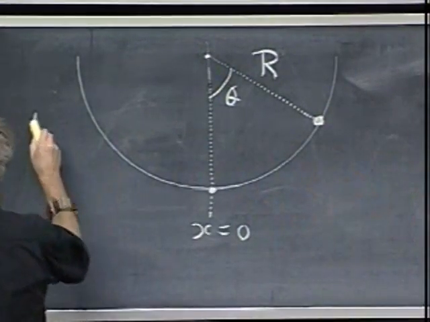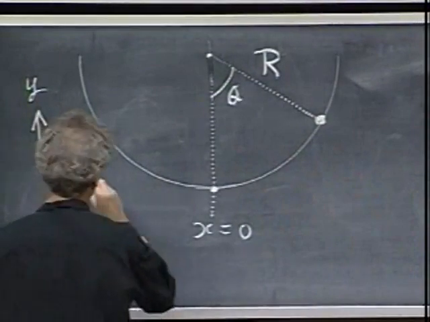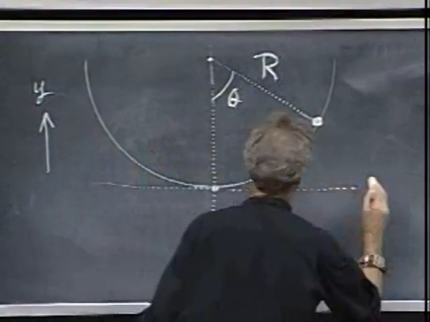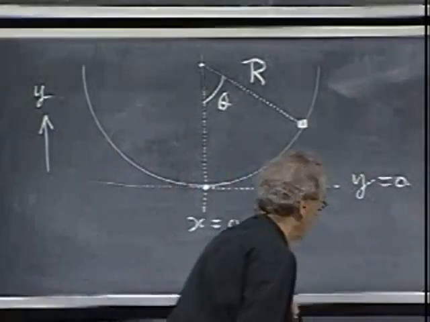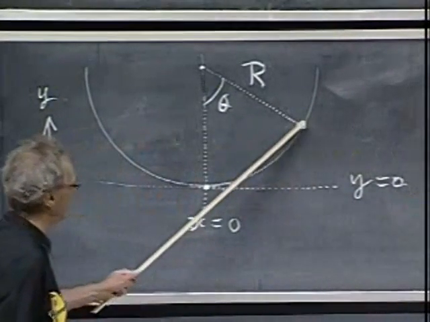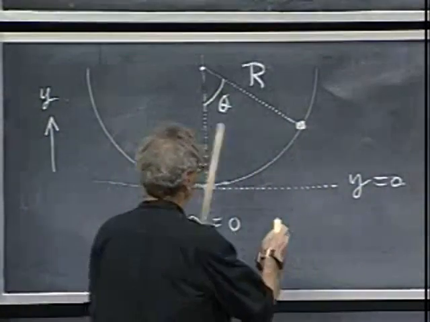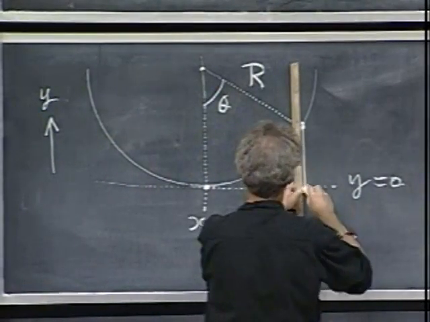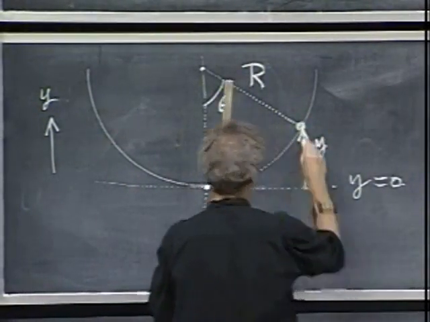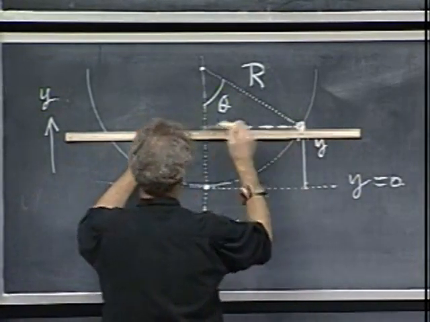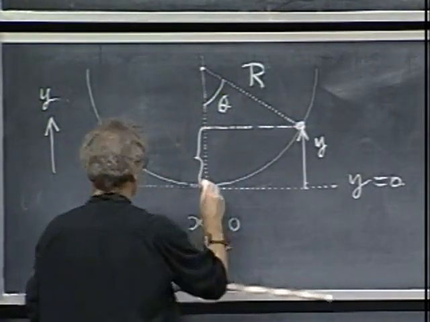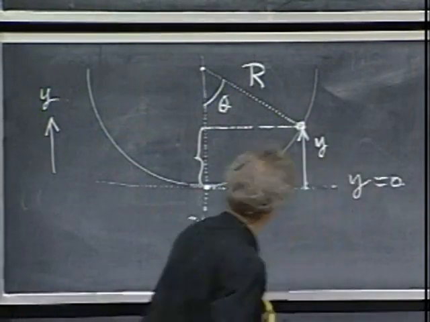This is increasing value of y, and I choose this y equals 0. So the gravitational potential energy of this object is mgy. I have to know what this y is, and therefore I have to know what this distance is. That's very easy.